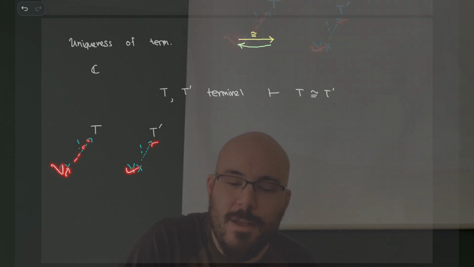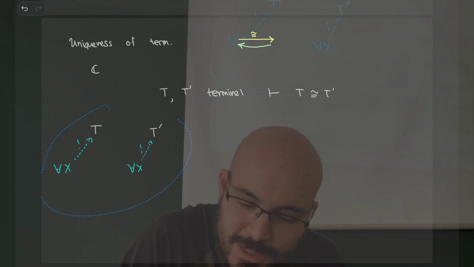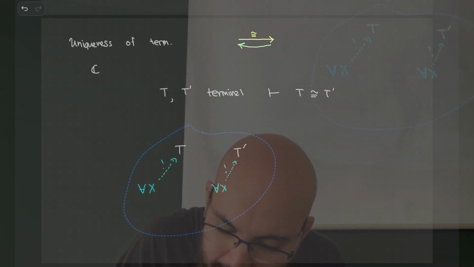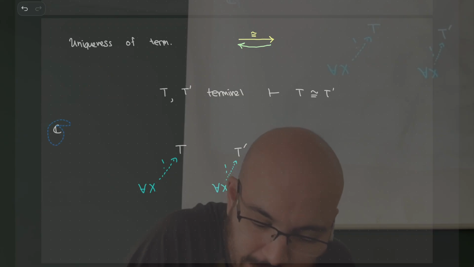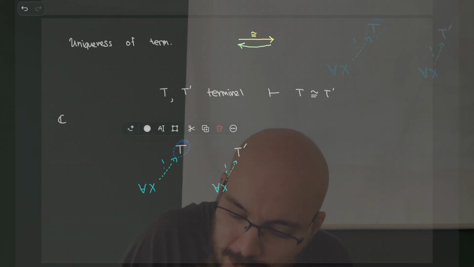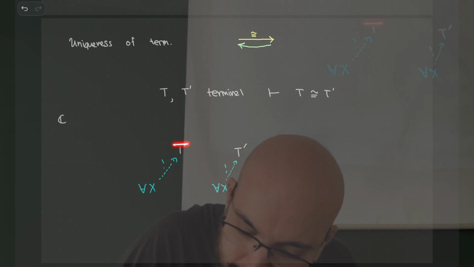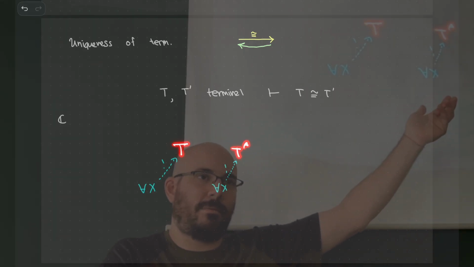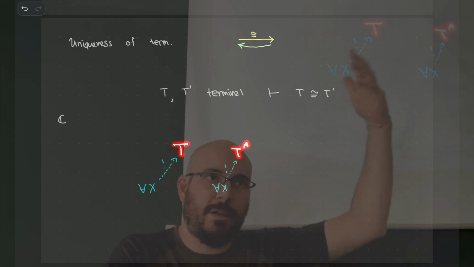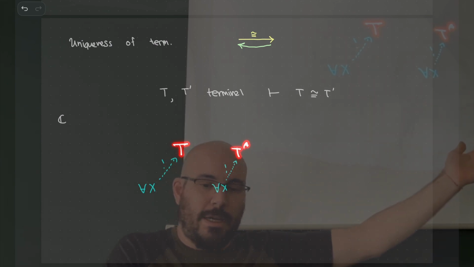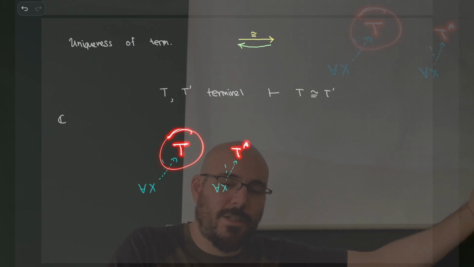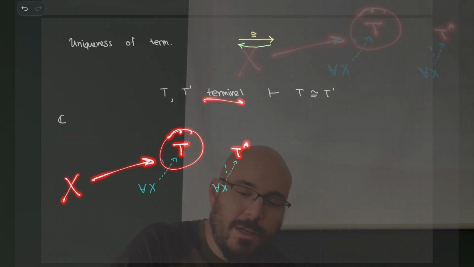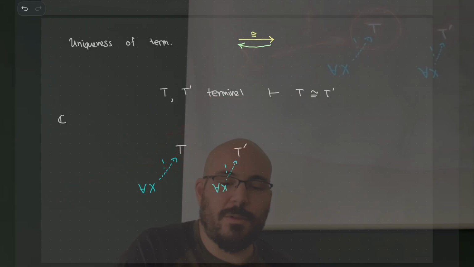The only objects I'm looking at in my category, which I have called C, are these two guys, a T and a T prime, and I know that they have this universal property. Any object I pick, since it's terminal, I can tell it, give me the unique arrow here. Same goes for the other one.